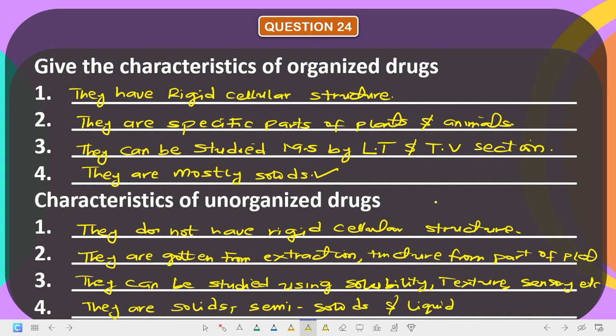Examples are tannins, anthraquinones, alkaloids, etc. All are unorganized drugs.